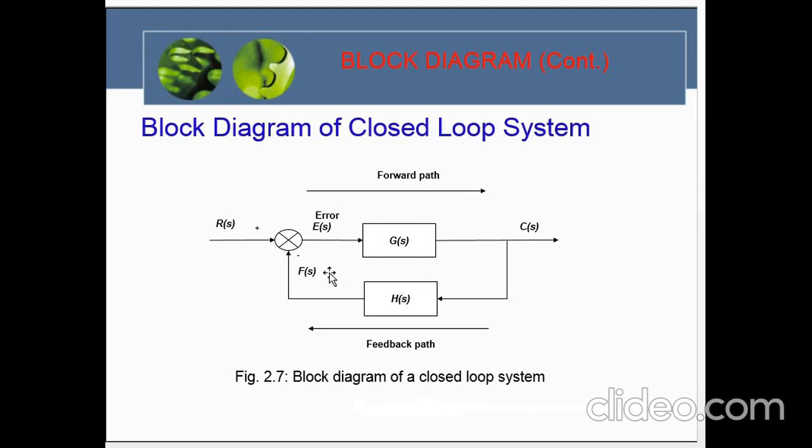R(s) minus F(s) is the error. There is the forward gain or forward transfer function, and there is the output C(s). There is the feedback gain or feedback transfer function, and this space we call the forward path, and this space we call the feedback path.